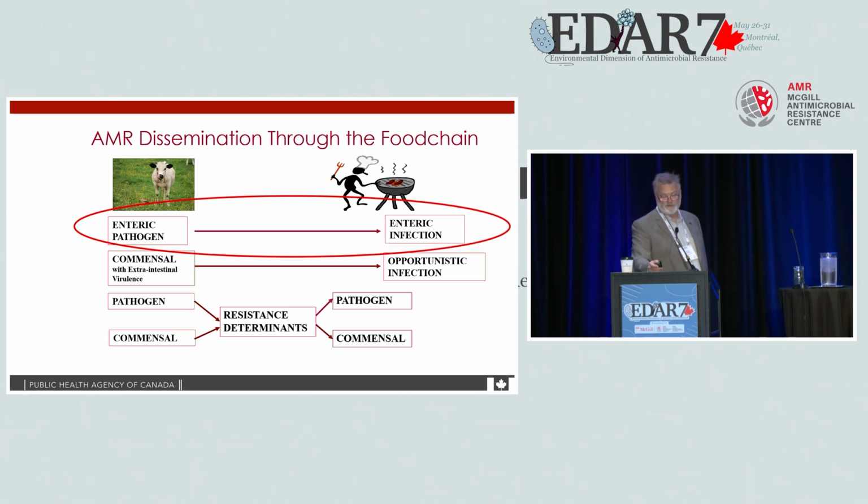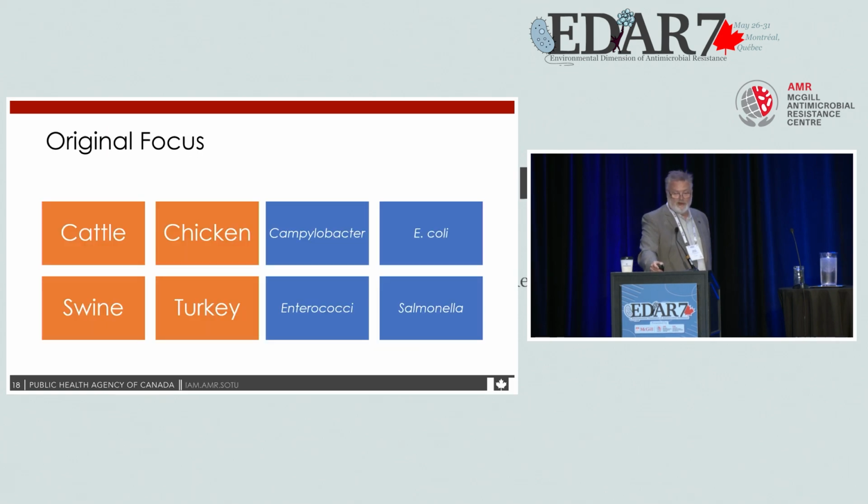So initially, we're just tackling the top element, although we certainly have aspirations to go beyond that. The original focus is on the primary food animal commodities in Canada: cattle, beef and dairy, broiler chickens, pigs, turkeys, and looking at most of these bacteria in each of these, but not necessarily all of them.